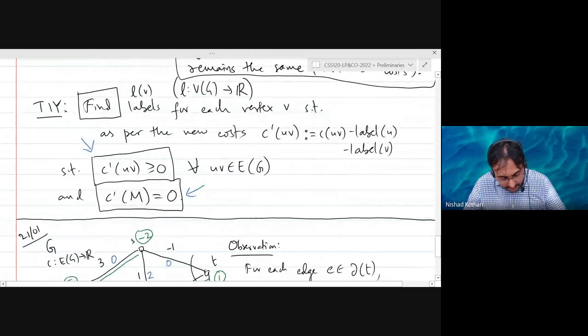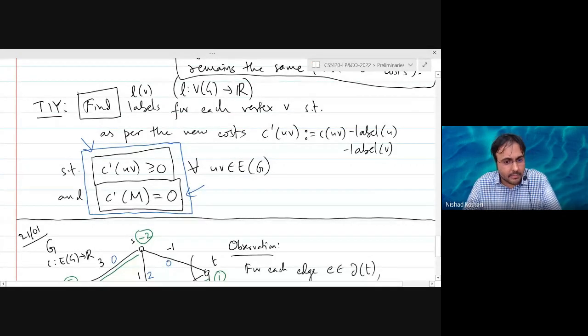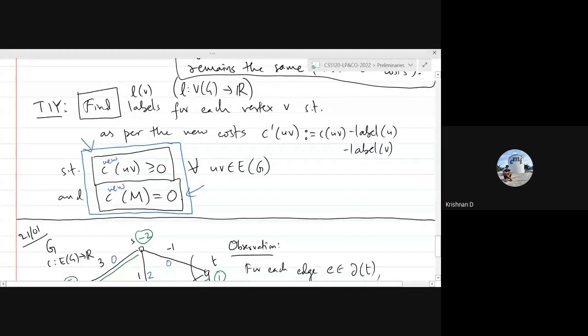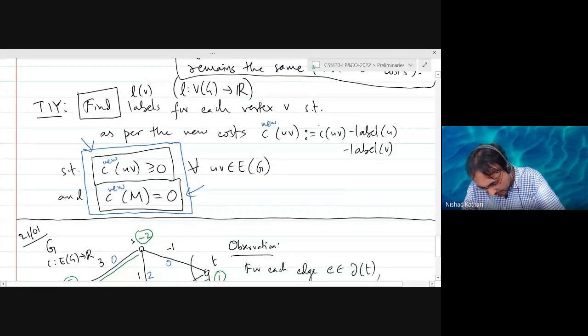And notice these two conditions. What do they imply? Can someone tell me what these two conditions imply? So maybe I'll call these, instead of C prime, C nu. They imply that the matching that we have found is a minimum cost perfect matching in this new graph with the new costs, but also in the original graph with the original costs, right?